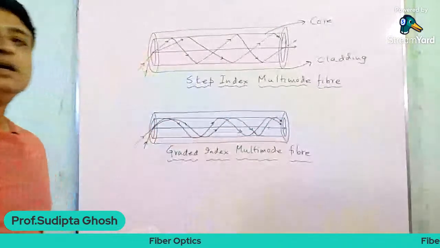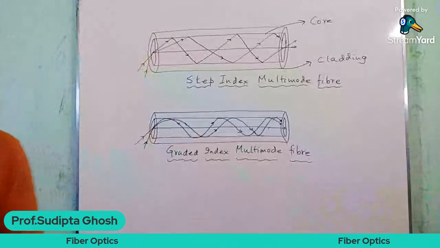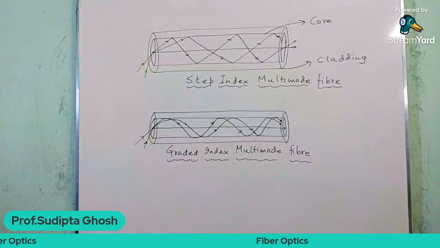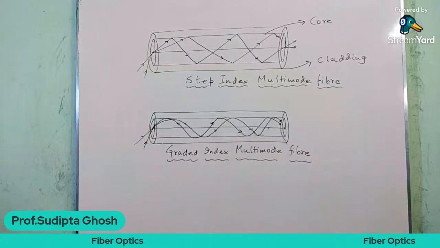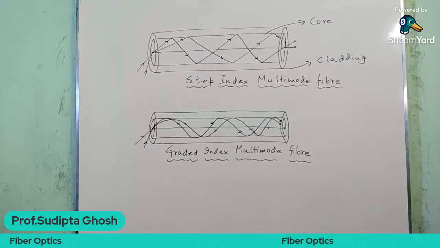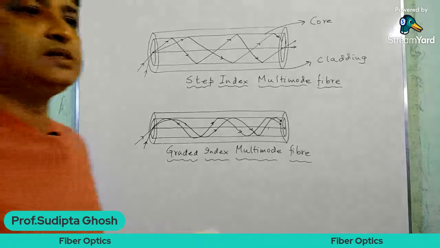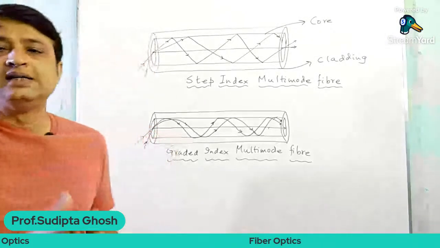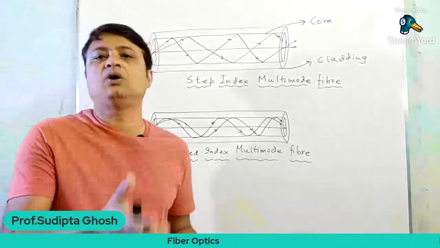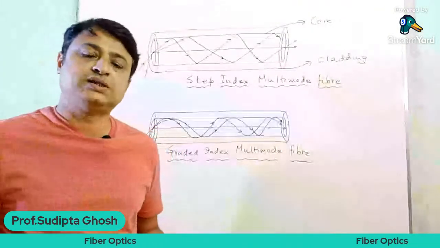Now here you must consider that because the diameter of these fibers is large compared to the small wavelength of optical signals, the inherent wave nature of light may be neglected, and we have to apply the known laws of geometrical optics, which we have studied earlier in our undergraduate or plus 2 courses.